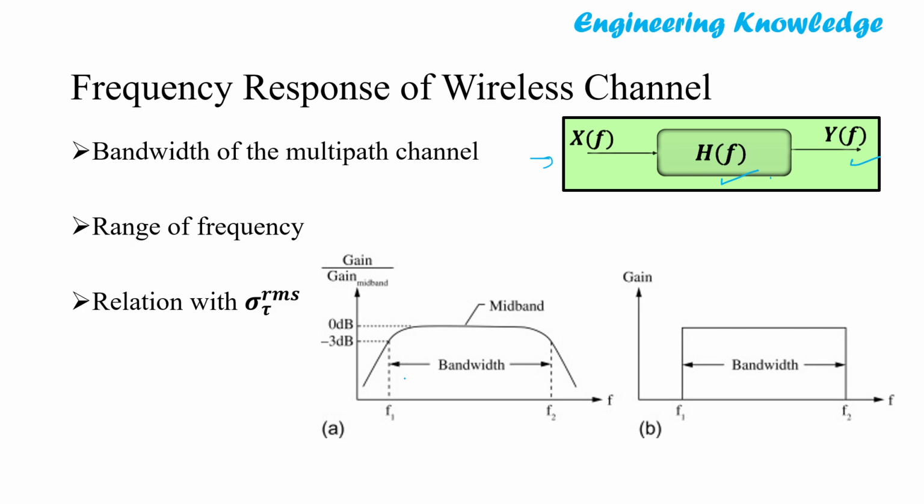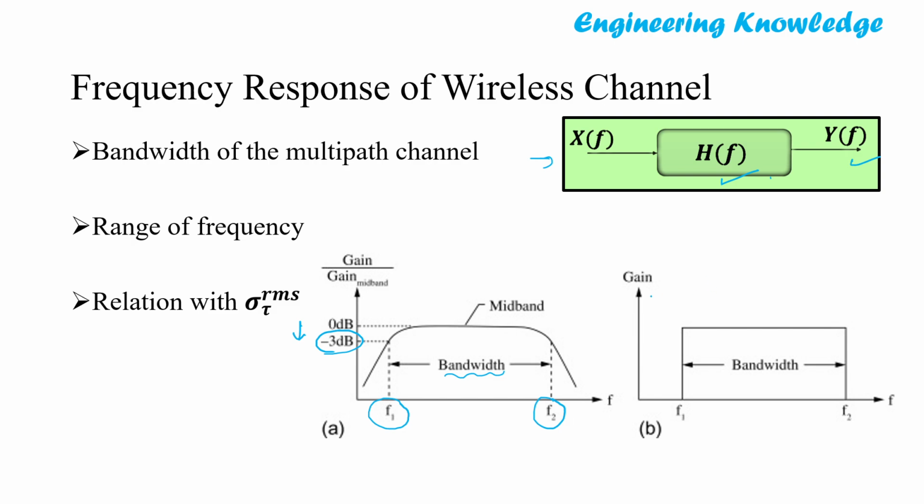Frequency response is basically about its flatness, in which range of frequency the channel operates. So from f1 say to f2, the bandwidth is generally defined as the 3 dB bandwidth, when it drops by a factor of 0.707 in linear range, and in decibels it becomes 3 dB less than 0. This will be termed the bandwidth of the channel.